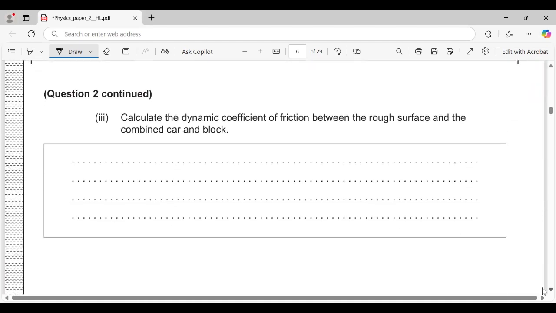Next. Calculate the dynamic coefficient of friction between the rough surface and the combined car and block.